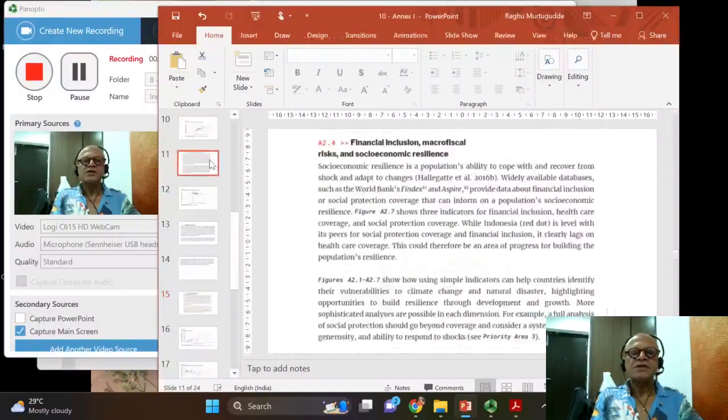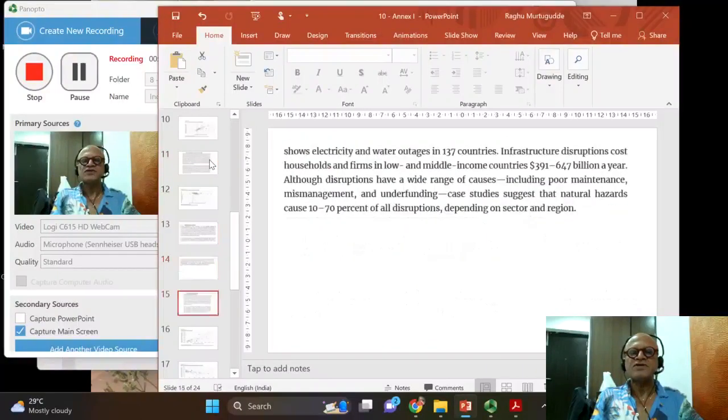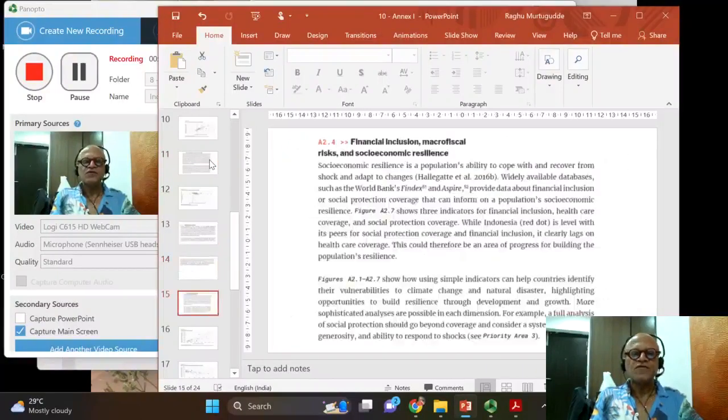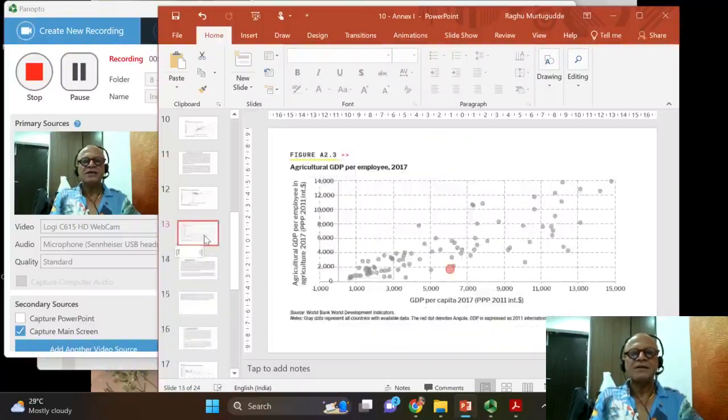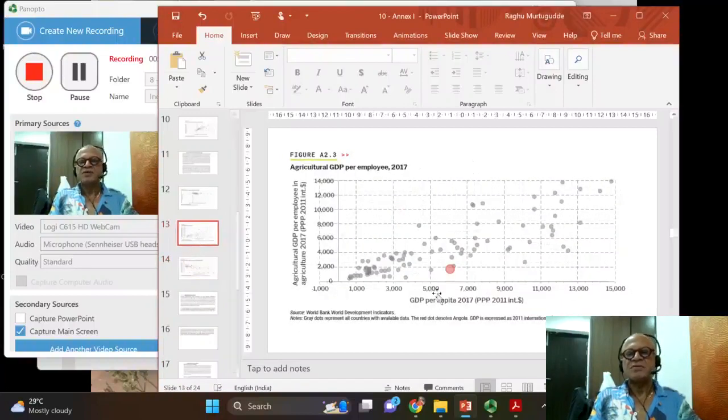Am I repeating that somewhere? 2.2, 2.2 we finished, 2.3 infrastructure we'll look at, 2.4. So figures are not arranged so brightly here. So let's put 2.3 here and 2.4 here. So there are figures and there are sections, so I'm just mixing them up here.